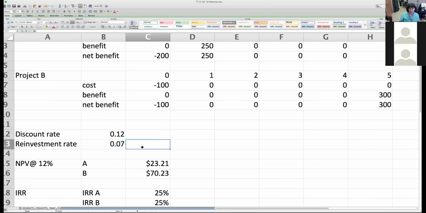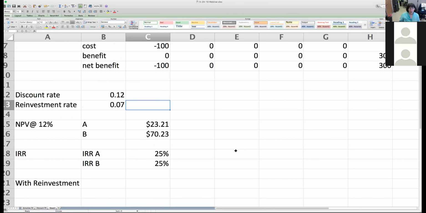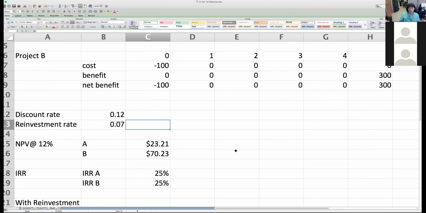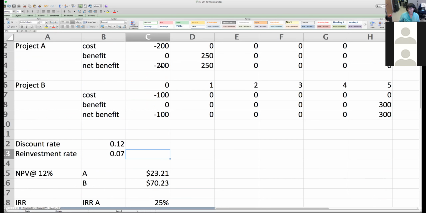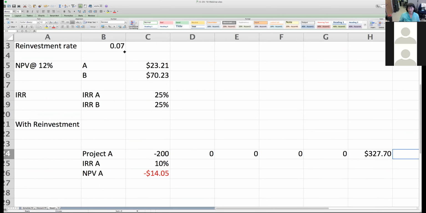So this is the same thing. In order to fix these things, with reinvestment, you're taking project A and moving this 250 out to here using a 7% interest rate. And what does that look like?